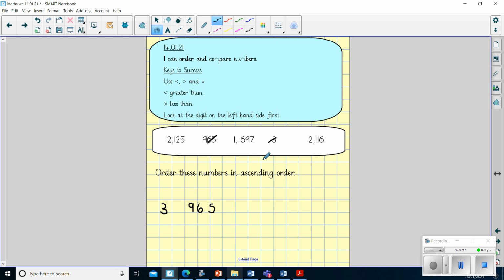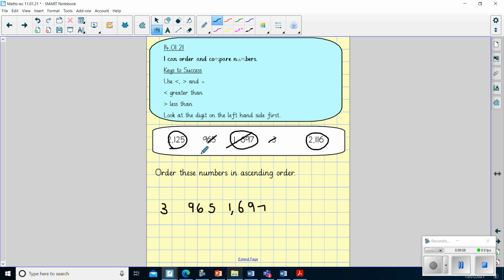Now I've got some 4-digit numbers left, so I've got this one, I've got this one, and I've got this one. So I'm going to look at the digits on the left hand side. I've got 2,000s here, 1,000 here, and 2,000 here. So this number here, 1,697, is the next number in my sequence. I'm going to cross that out.